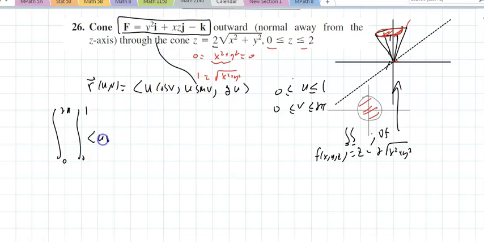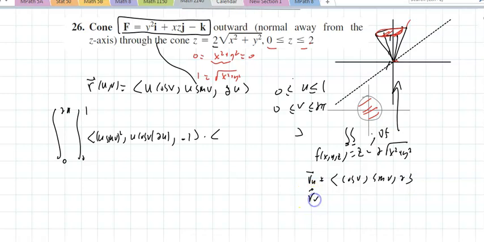That's going to be u sine of v squared, x times z, u cosine of v. Z is 2u, and -1. Dot it with, and now I have to find that vector, and that's pretty much the problem. That is, what is r sub u? That is cosine of v, sine of v, and a 2.